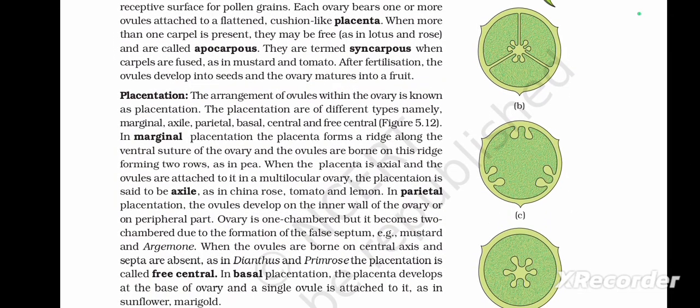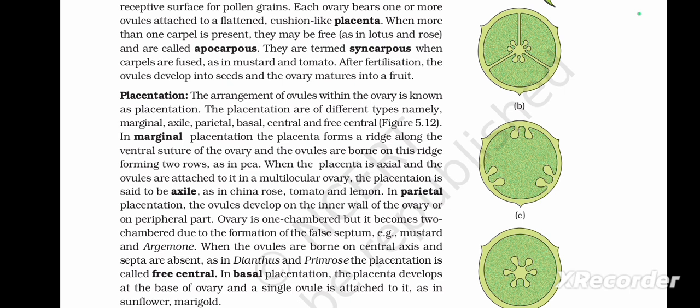Next, placentation. The arrangement of ovules within the ovary is known as placentation. The placentation are of different types, namely marginal, axile, parietal, basal, central, and free central.